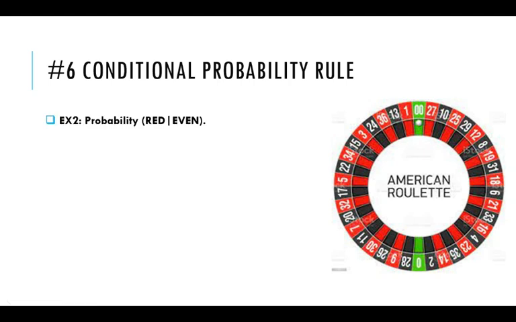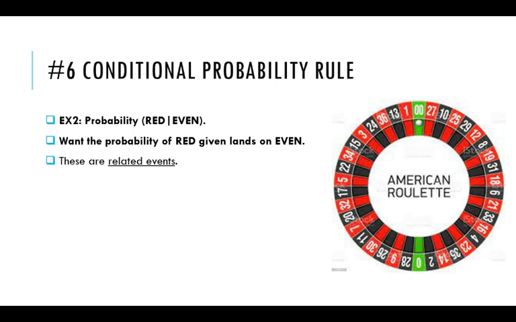Let's look at the probability of red given even on our roulette wheel. So we want the probability of red given that it lands on even. So understand what we're saying. Look, we are saying it's given that it lands on even. Given this, what's the probability of landing on red, given that we've landed on even? And we agree that these are related events, right?